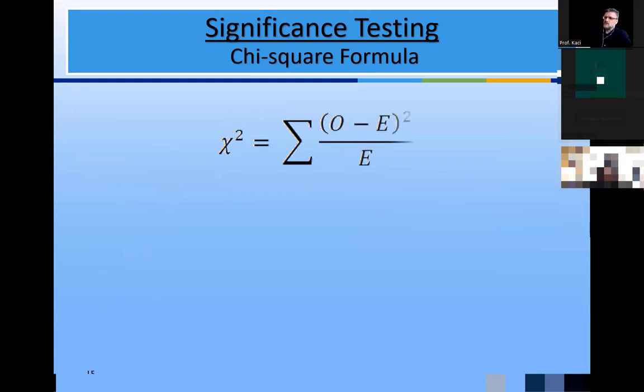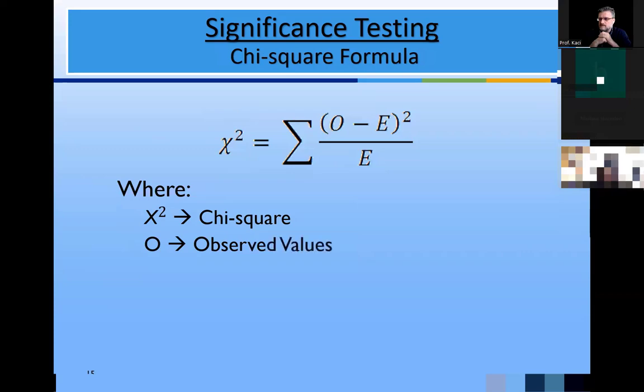So what happens here now? Oh, this is a chi-square formula. Observed minus expected squared over expected, get the sum, and then you get the chi-square value. Again, this is done if you have a pen and a paper, but if we have SPSS, it's easier.